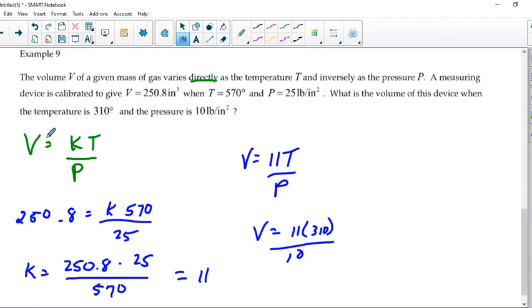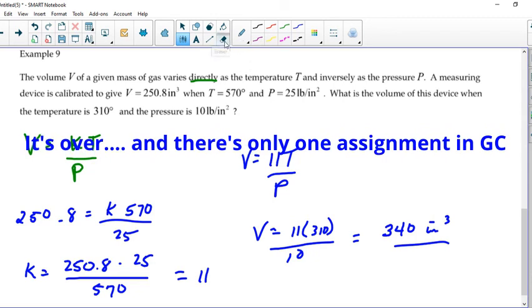So I would expect that to cause the volume to go down. So again, acting in opposite directions on this. And when we multiply this out, we get the volume equals 341 inches cubed. And I don't know why I wrote 340, but I do mean 341. 341 inches cubed. Okay?